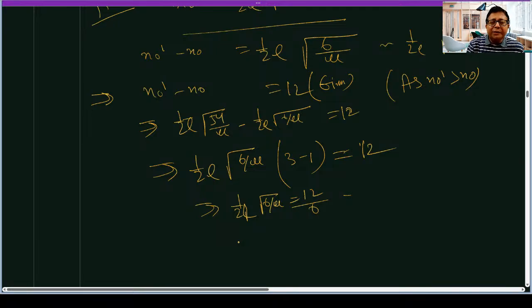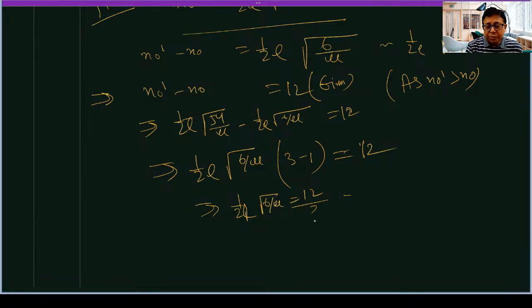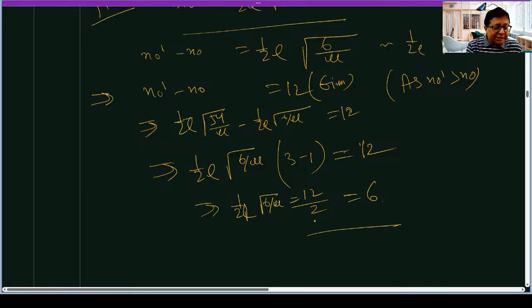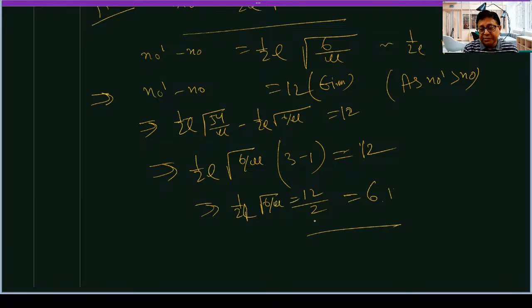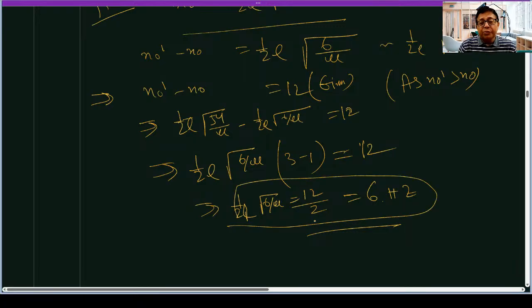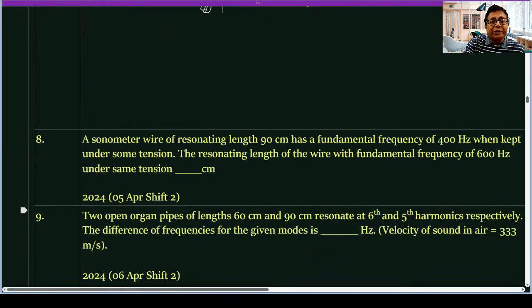I have taken root 6 by mu common. 1 by 2L root 6 by mu we have to find. How much is this? 12 by 2, so 6. So this is equal to 6 hertz. This is the starting one, no? 1 by 2L root 6 by mu is the starting one. So that value is 6 hertz. Go for next one.